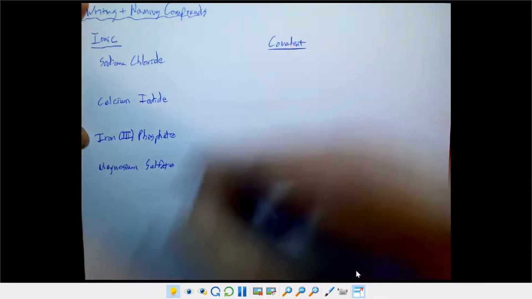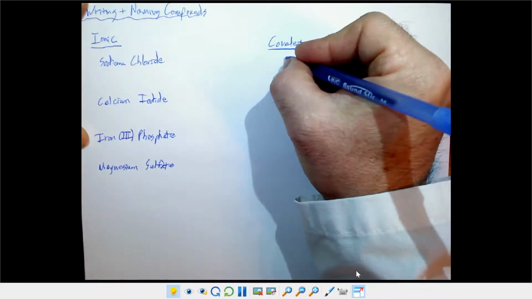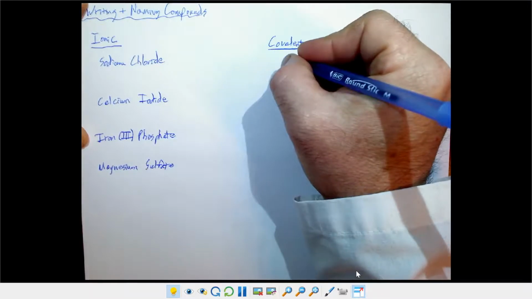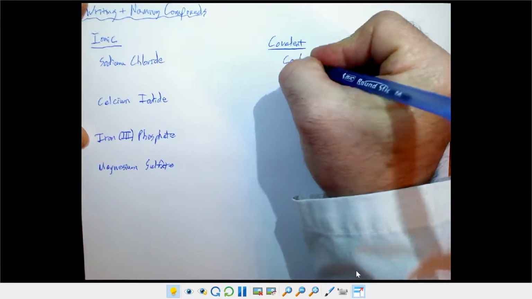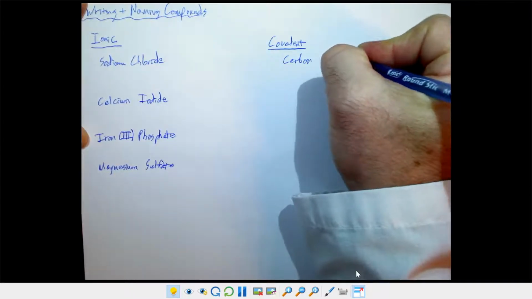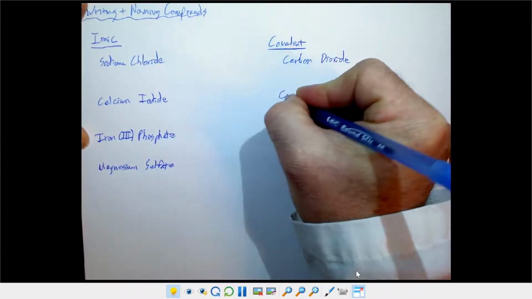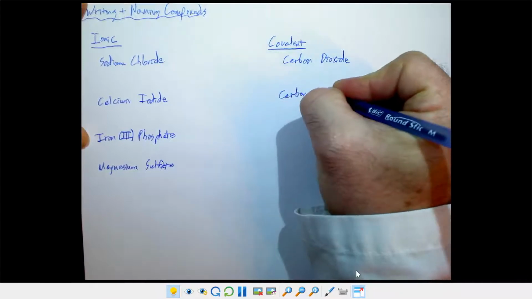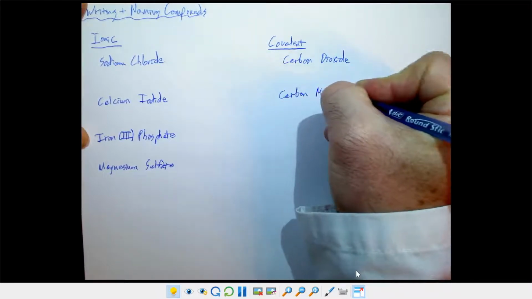And then for covalent, let's do carbon dioxide, carbon monoxide. Those are some common compounds you can probably already know about.